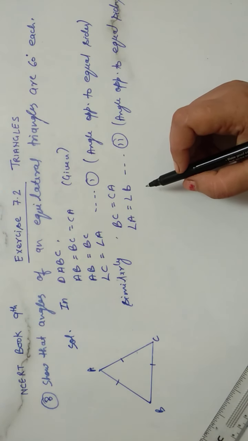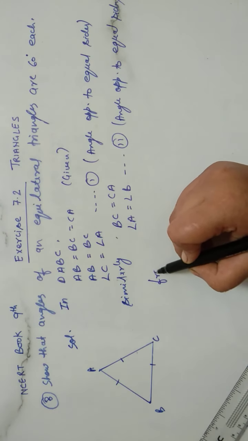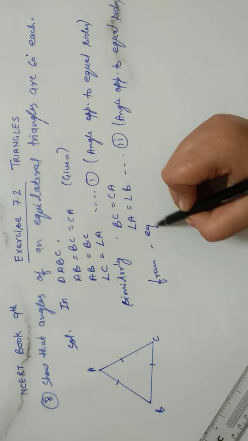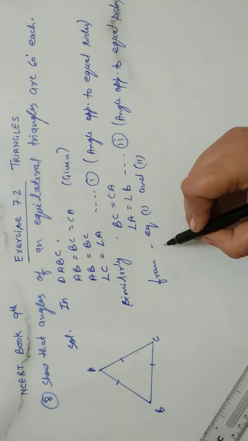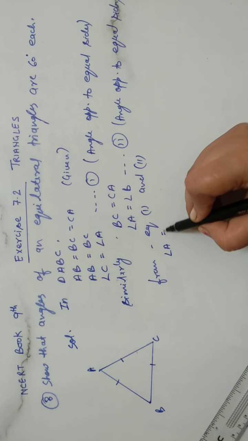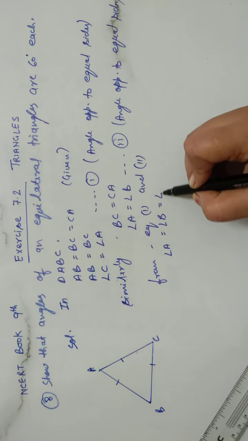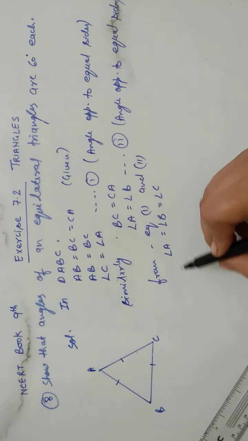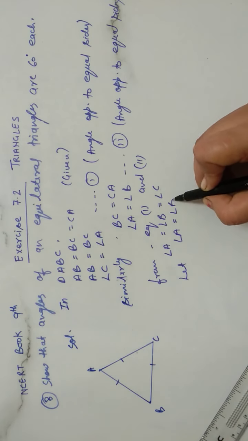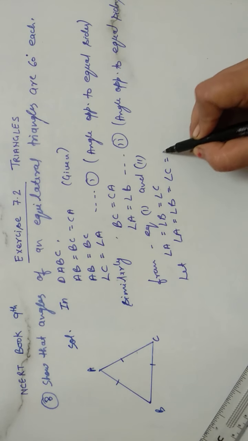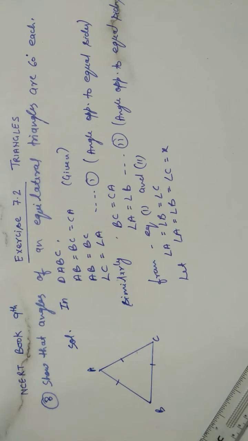Okay, now from these two equations, equation 1 and 2, when you compare, A is equal to B is equal to C. Now let A, B and C be equal to X, because all three are equal, so we are taking it as X.